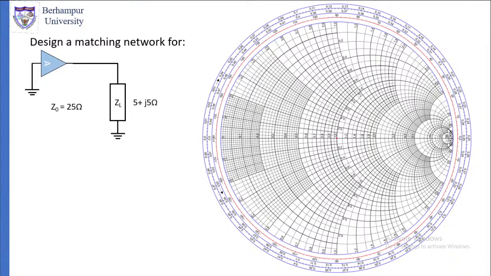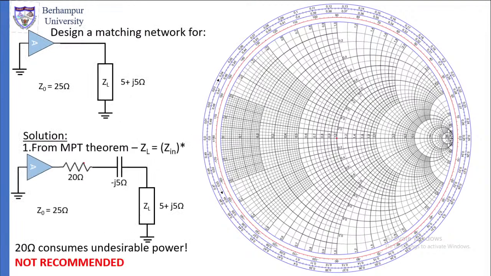So how can we do this matching? Output is 25 ohm, ZL is 5 plus j5 ohm. From simple circuit analysis, you can find a simple solution. Look at the picture at the bottom.